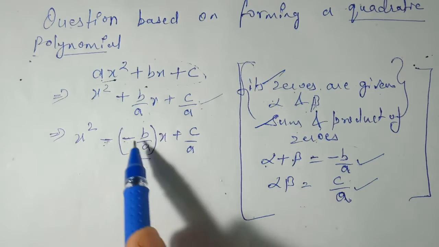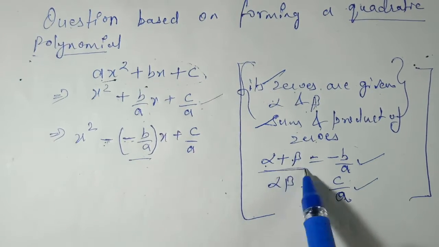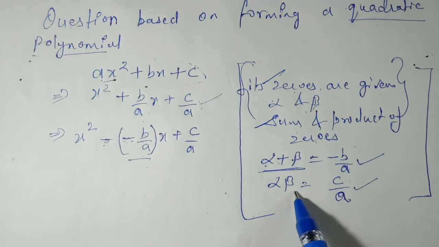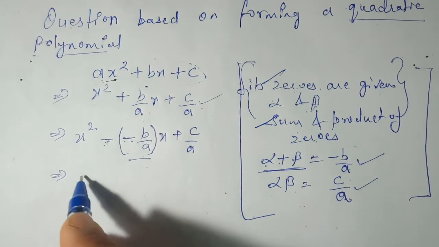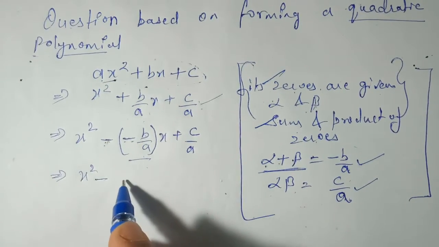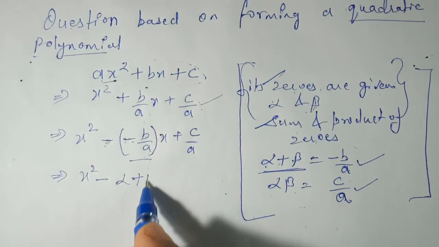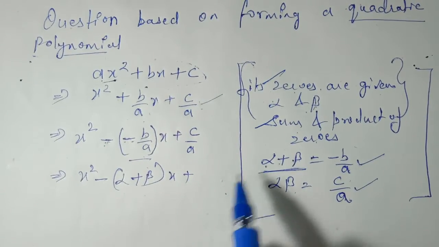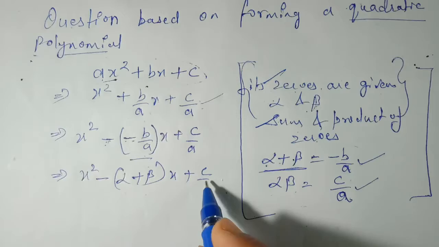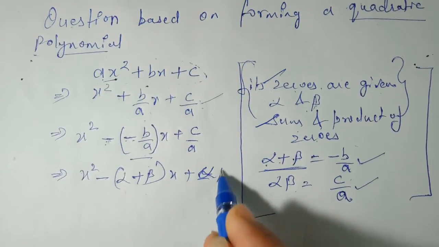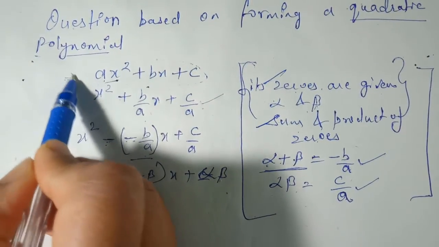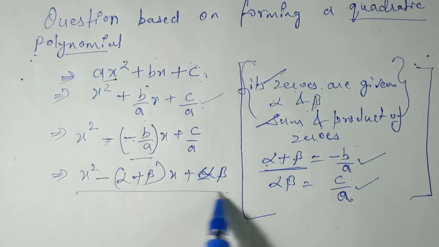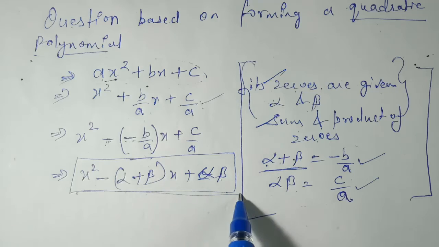So in place of minus b by a, we can write alpha plus beta. And in place of c by a, we write alpha into beta. So now the general form is changed into the form of sum and product of zeros. So when we have to frame the quadratic polynomial, we use this condition.